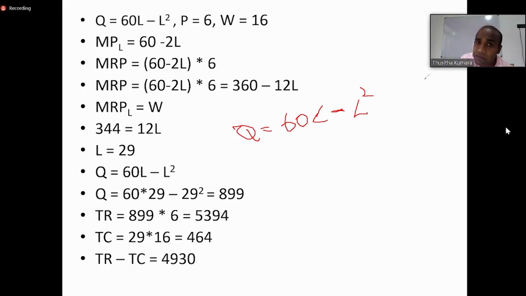Then we need the marginal product. What do we mean by the marginal product? Marginal product is the value for the next labor unit. When we increase our input, that is the labor, by 1 labor unit, what's happening to our output?